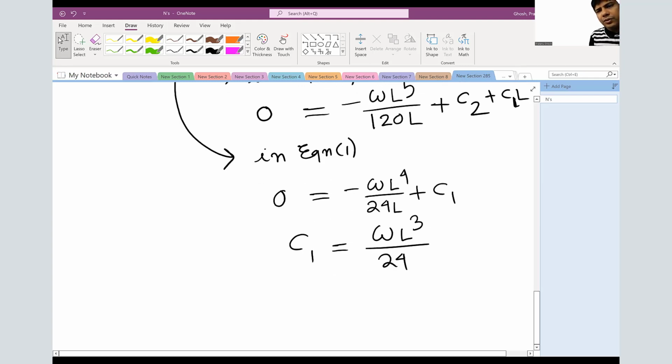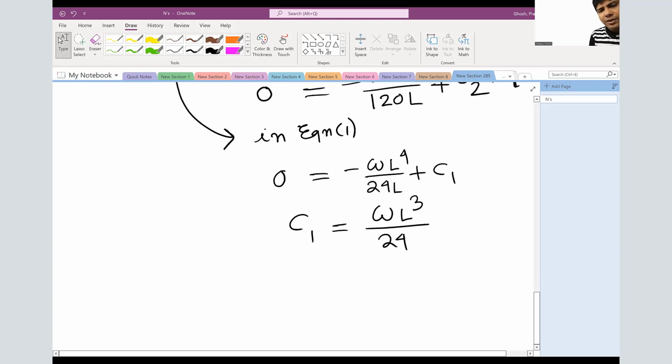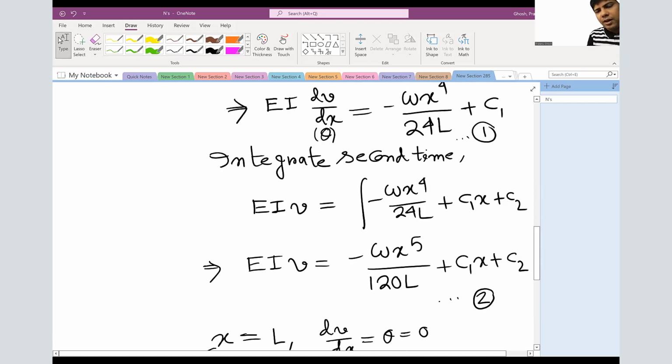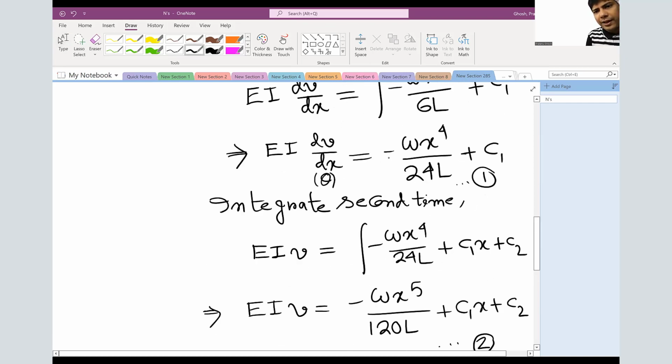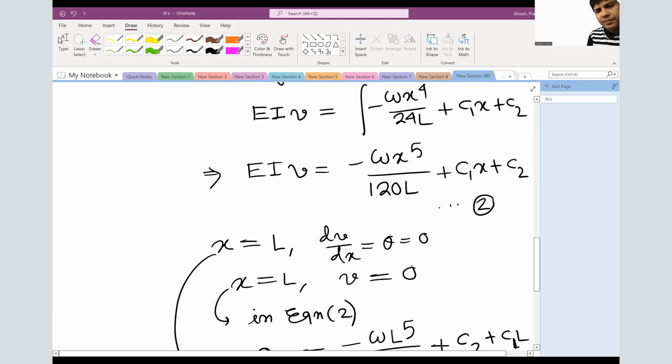So let's do that. First, we find out our slope. Our equation is EI dV/dx equal to negative Wx^4 over 24L plus C1.